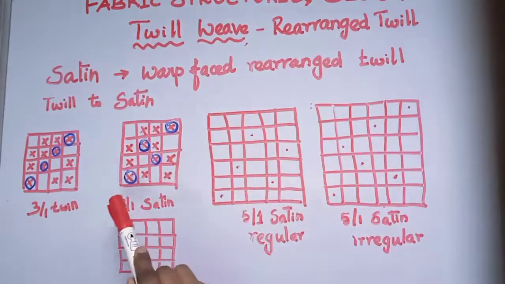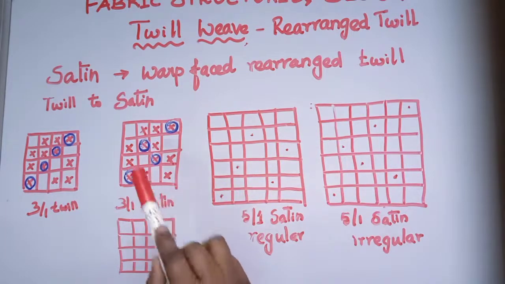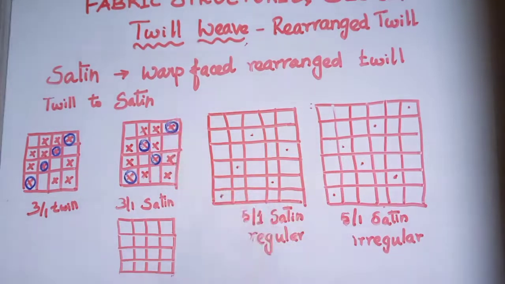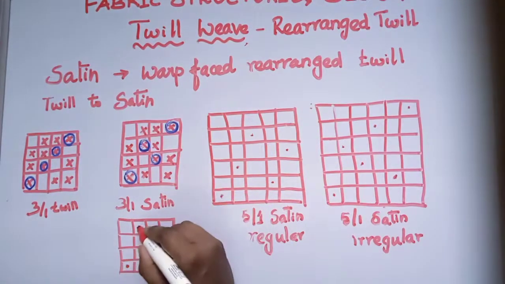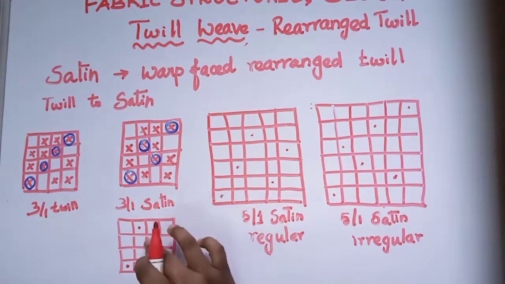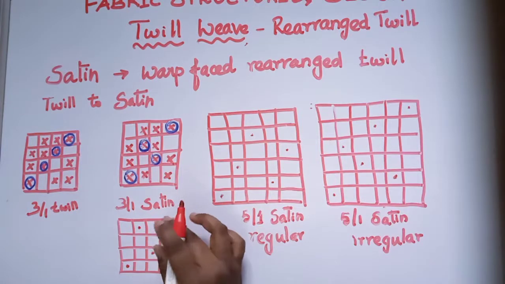In 3 by 1 satin the starting point is 1 3 2 4. We can even change the starting point as 1 4 3 2 or 1 4 2 3.